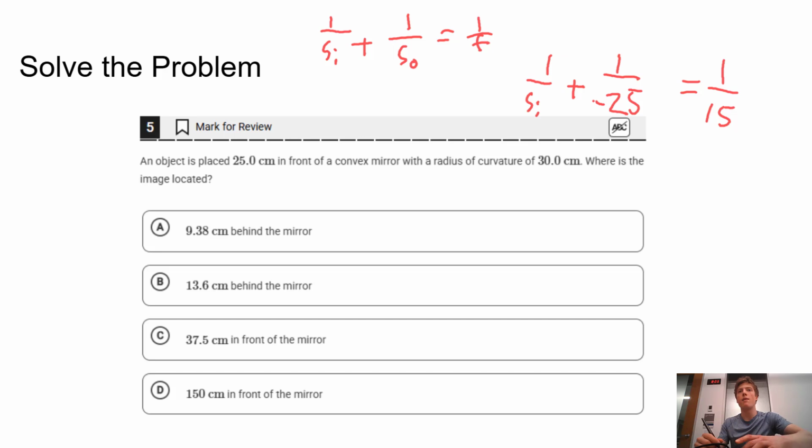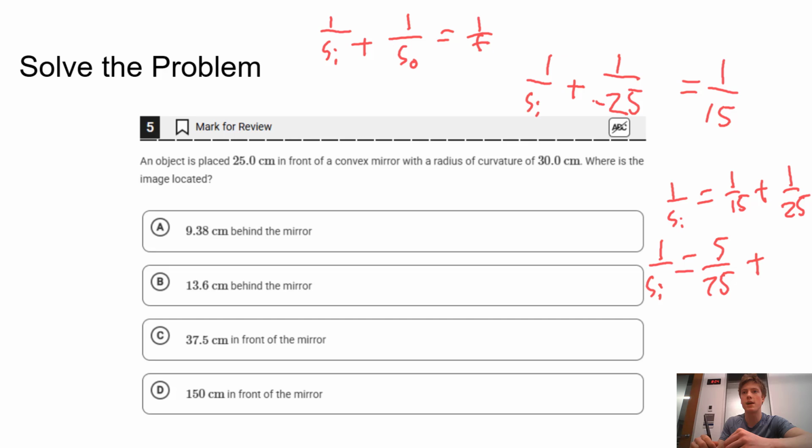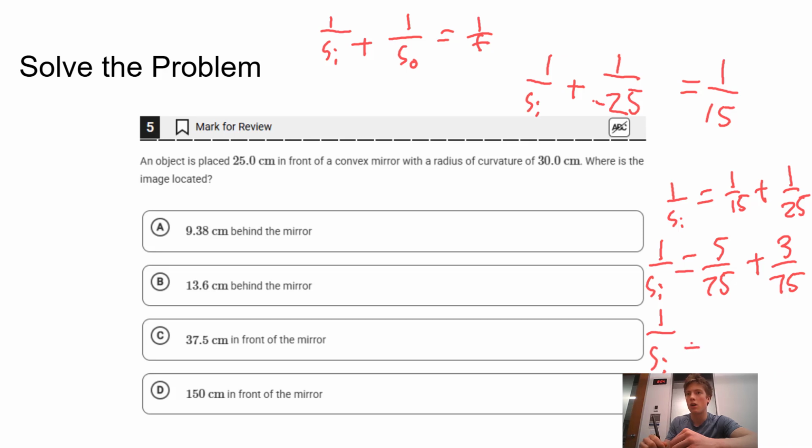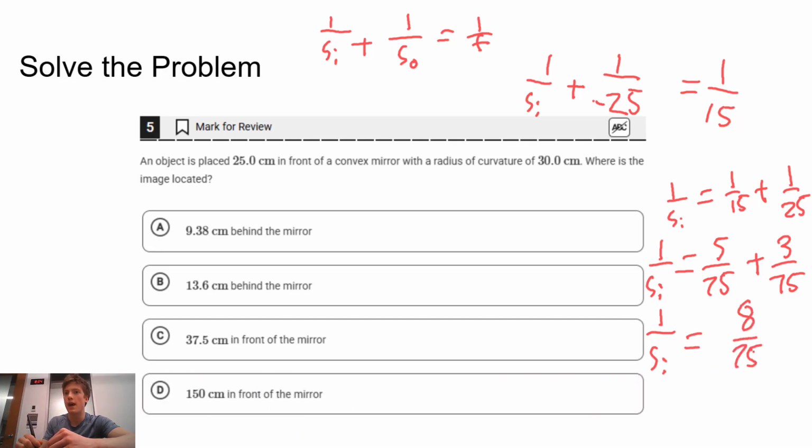Then we can add 1 over 25 to both sides. We get 1 over SI is equal to 1 over 15 plus 1 over 25. If we find a common denominator, it's 75. 15 goes into 75 5 times, so 5 over 75. 25 goes into 75 3 times, so 3 over 75. If we add those up, we get 8 over 75, and then we just have to flip it to get SI, and we get 75 over 8.